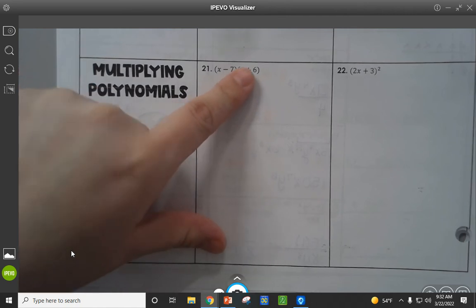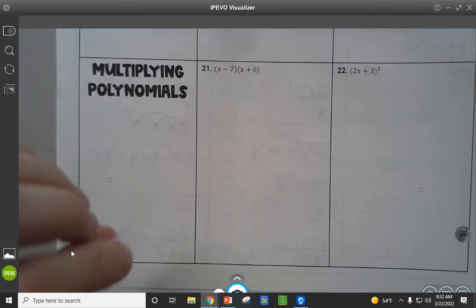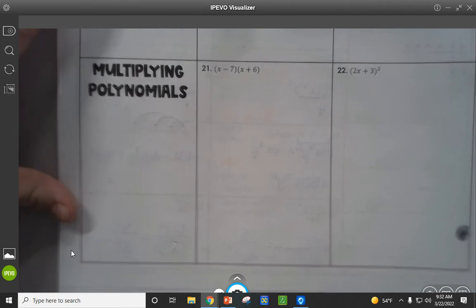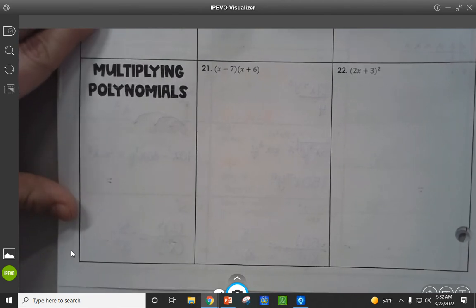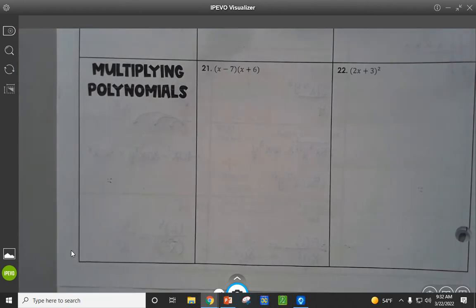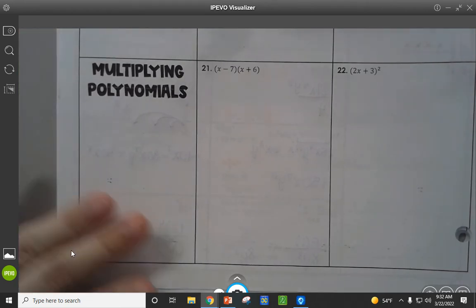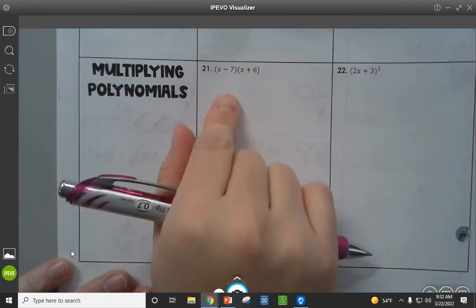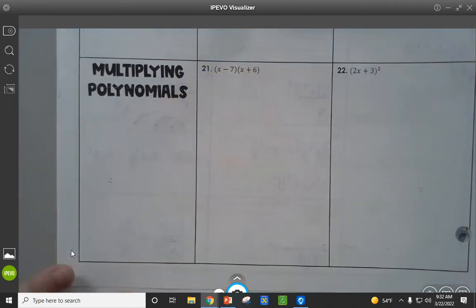But if you get more terms than that, with FOIL it's really easy to miss something. So remember when we did the box method with factoring? I'm going to show you basically the reverse box method. So we start with the outsides and fill in the insides. And that way it's a good organization tool to help you not miss anything.